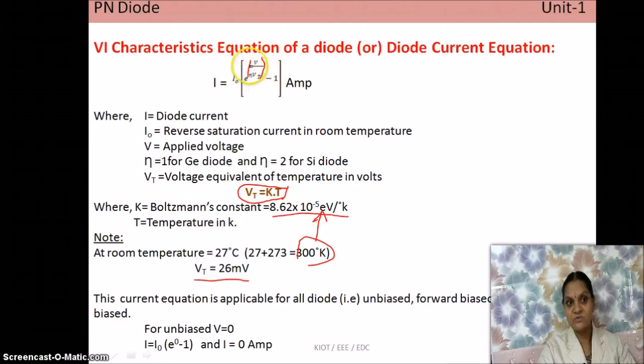If you give reverse voltage, the exponential power is negative, and you will get the current also negative. This way, by using this equation alone, we can plot the characteristics of a diode. This is theoretical, whereas the characteristics we discussed earlier are the practical way of plotting the characteristics.